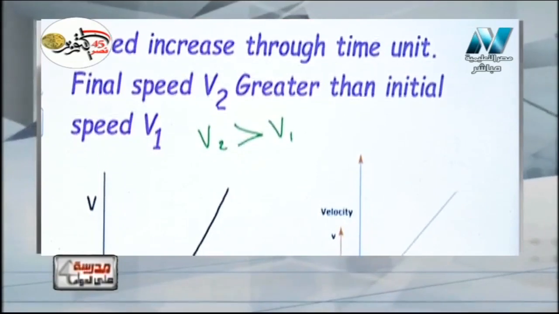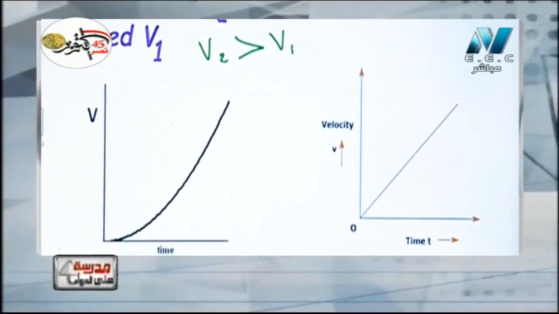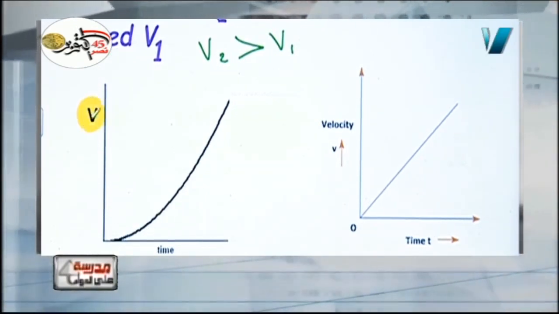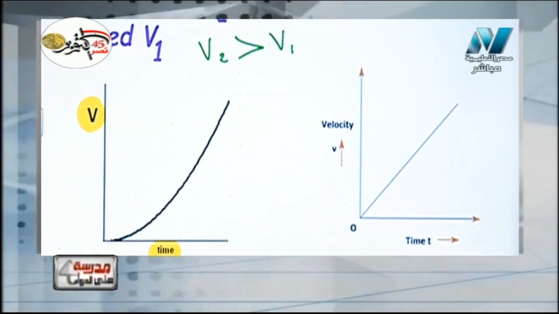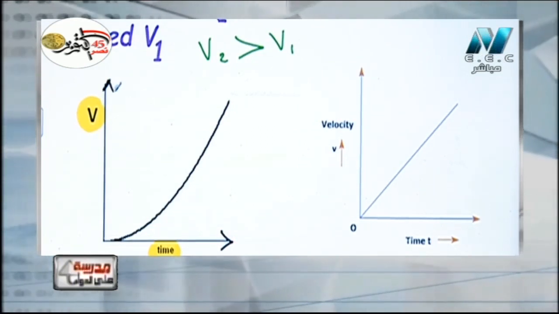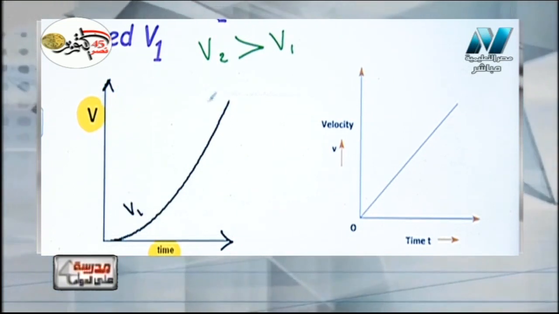And we can represent this relation between speed and time. We have V, our axis of speed, and the axis of time. We have two axes in this graph, T and V. So we have V1 here, and here we have V2.